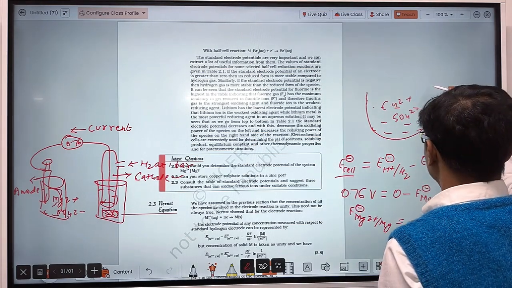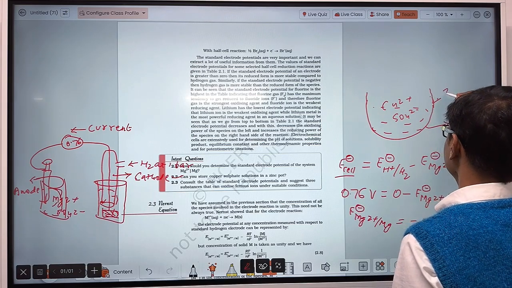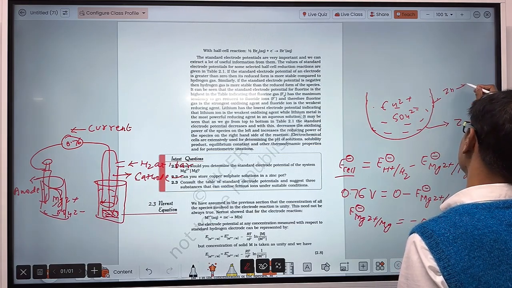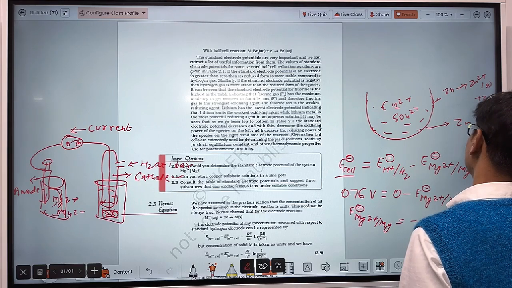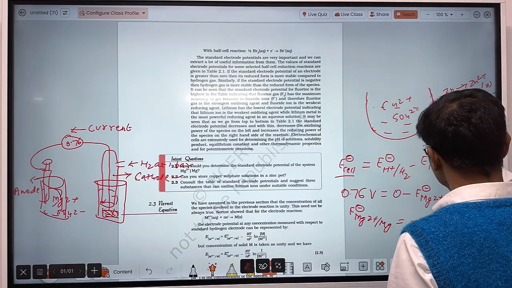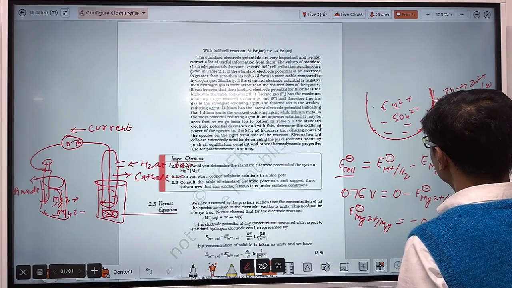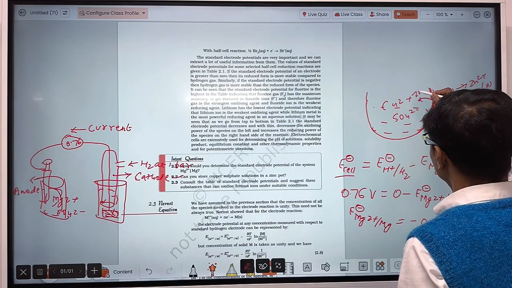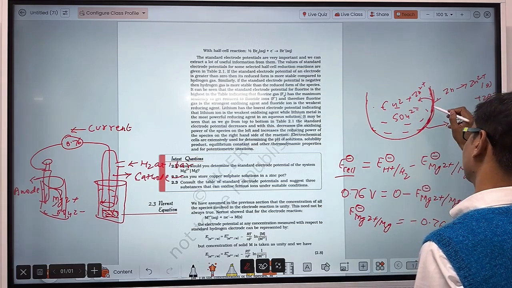So the zinc atom of this vessel will lose two electrons and convert to Zn2+, which will enter the solution.